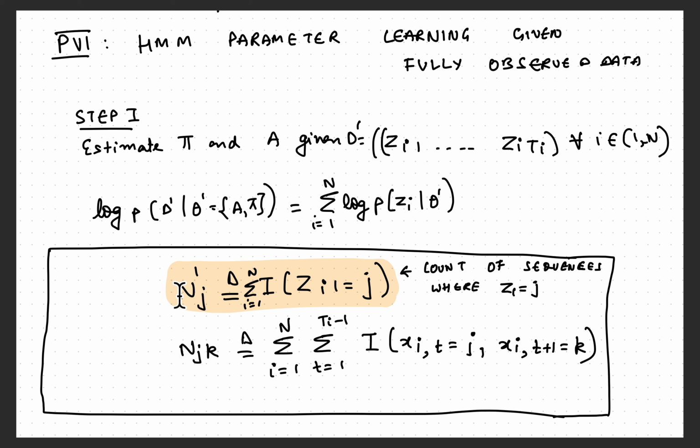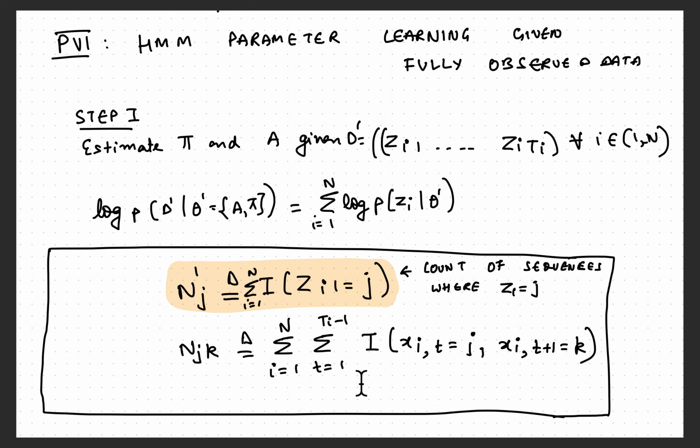But then at the bottom, I've written another count, n subscript jk, where I'm first doing a count over the different sequences, i equal to 1 through n. And then for each sequence, I am doing a count over all the timestamps.